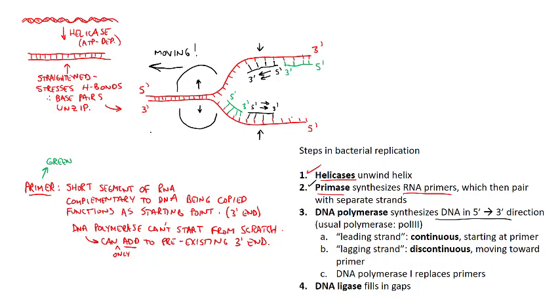So that creates a difficulty. So what ends up happening is DNA synthesis works slightly different on the two strands. So the one at the top is what we call the leading strand. On the leading strand, the DNA is synthesized continuously.